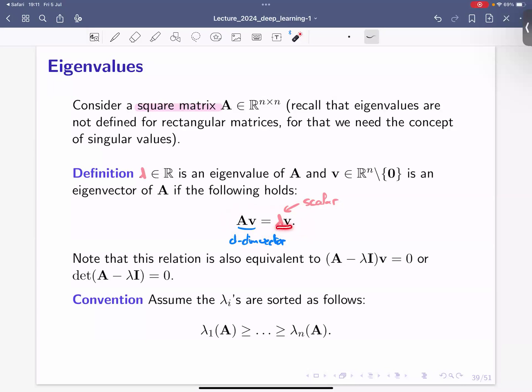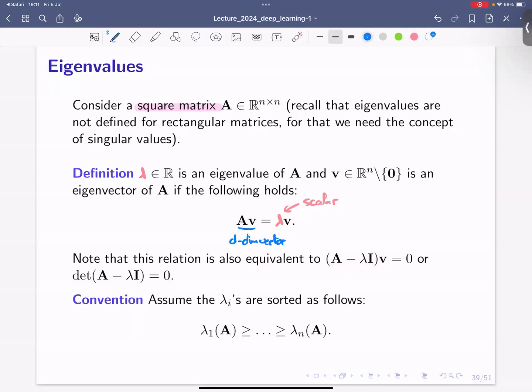So if you move this here to the left-hand side and you factorize V, you can rewrite this equation as this equation here. So again, here I is simply the identity matrix. Or equivalently, you can write it as a determinant of this matrix here being equal to 0.